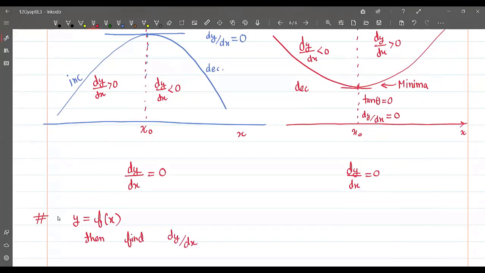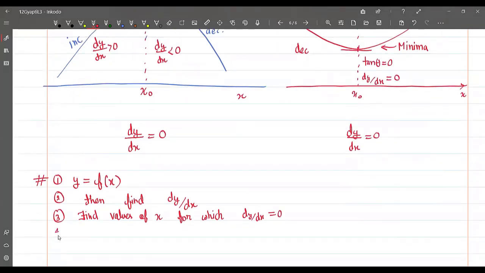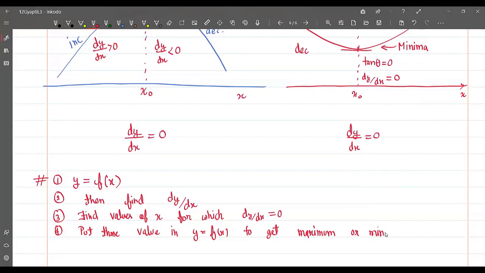Then the third step, find the values of x for which dy by dx is 0, and put those values in y is equal to f(x) to get the maximum or minimum value.